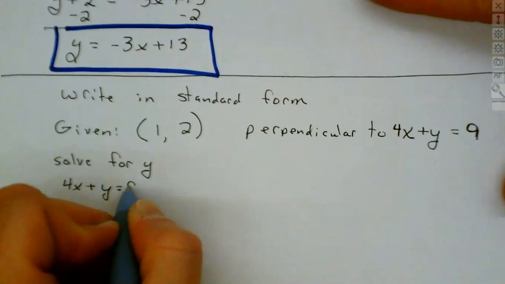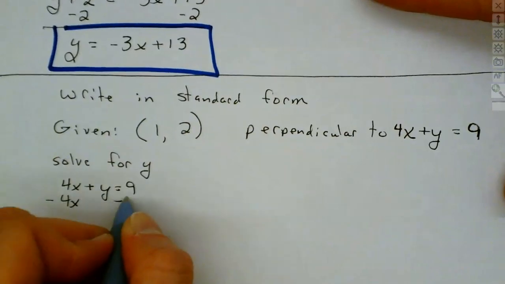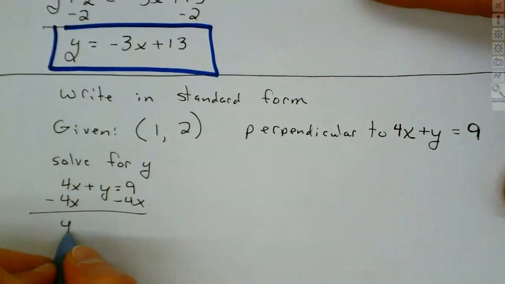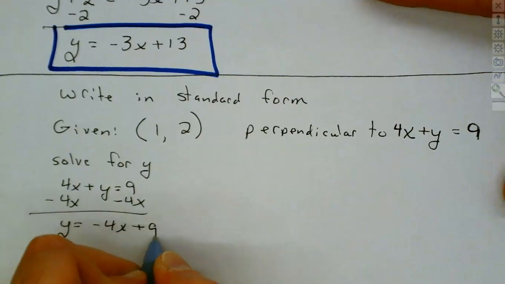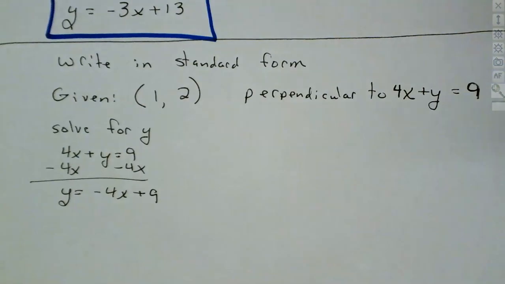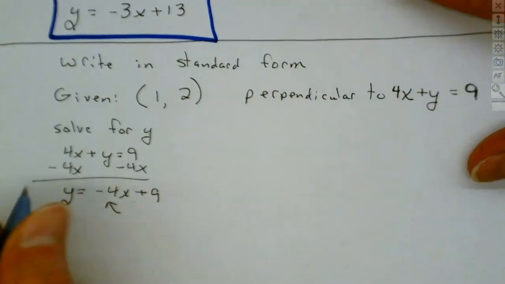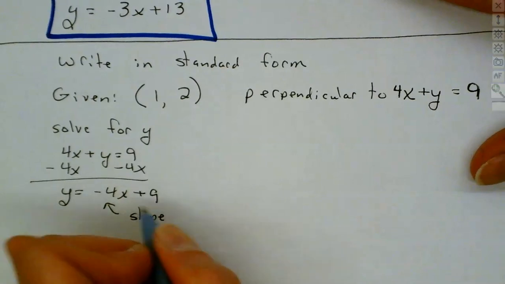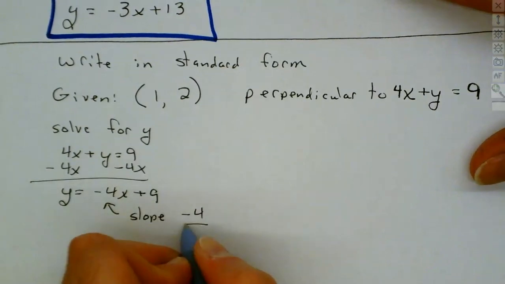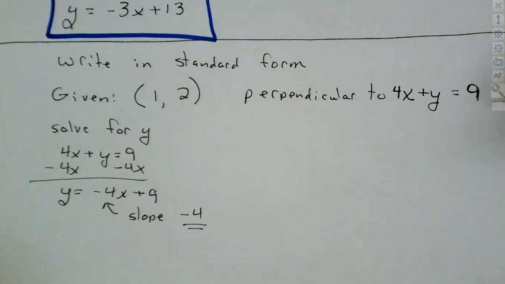Move that 4x over. Easy enough. So y equals now negative 4x plus 9. So my slope here is a negative 4. But we are not going to use the negative 4.